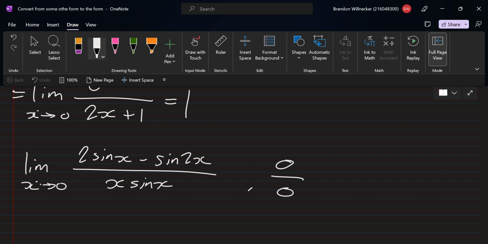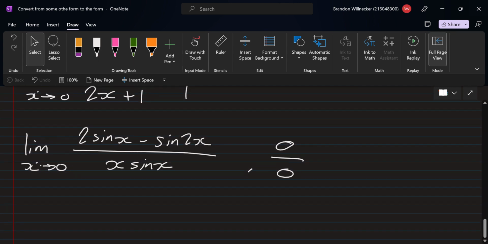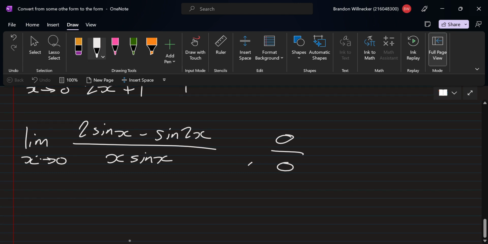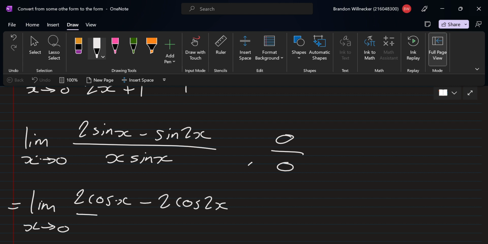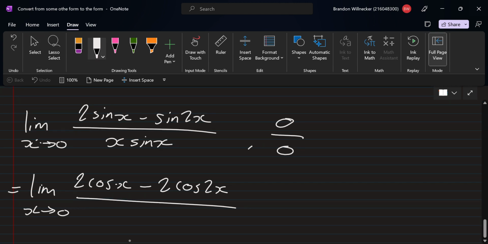It's one of these indeterminate forms. Since it's an indeterminate form, we know we can use L'Hopital's rule. So let's differentiate the top and bottom and see if it's any better. This is equal to the limit as x goes to 0. Differentiating the top, we get 2 cos x minus 2 cos 2x. And in the bottom, we're going to get sin x plus x cos x.